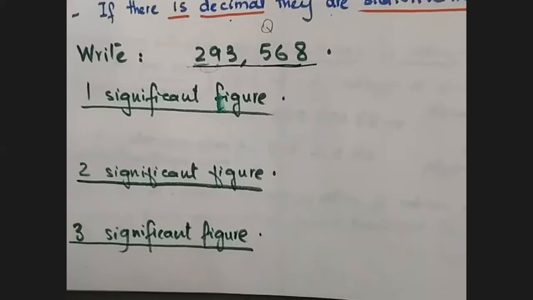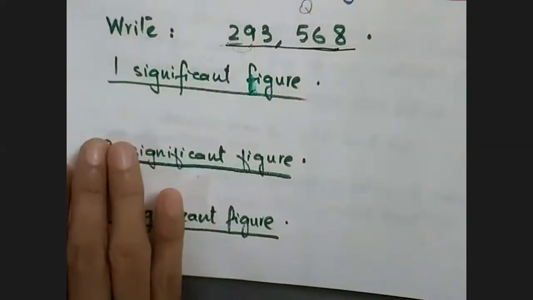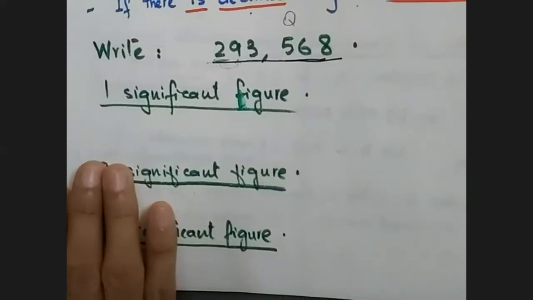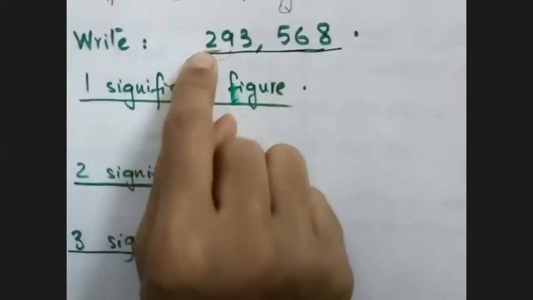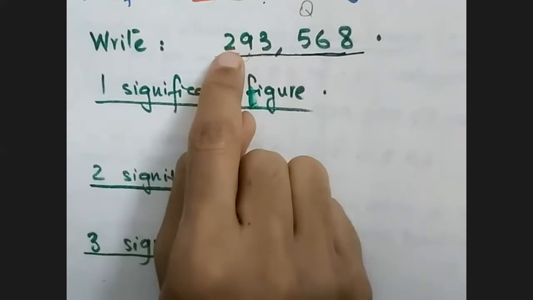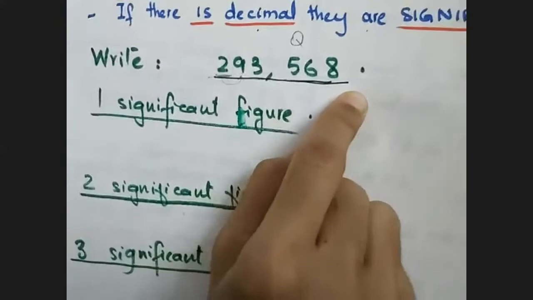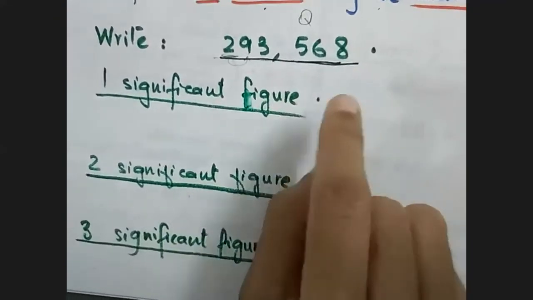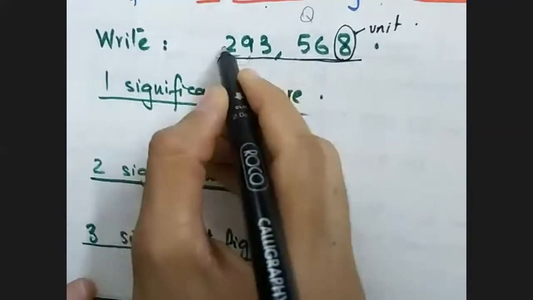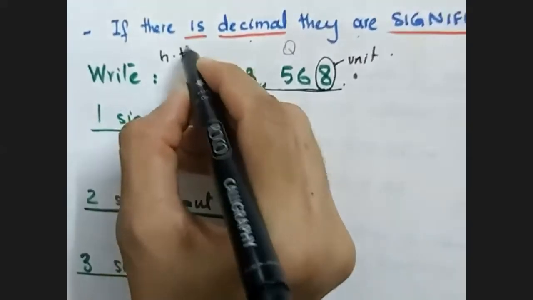See, what are the 2 things I told you in a significant figure? You talk about accuracy and you also talk about the value. This digit has the highest place value, right? Yes, this digit has the most value of all the digits. As you go to the right-hand side, the value of the digits decreases, so much so that this digit is just a unit, and this one is 100,000.